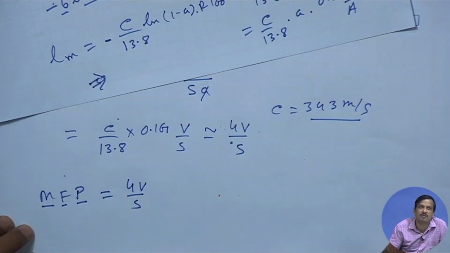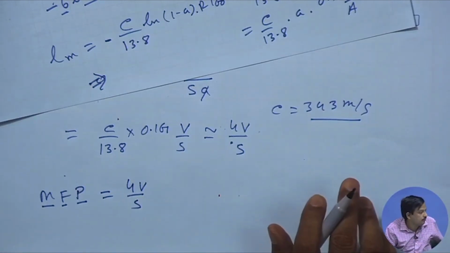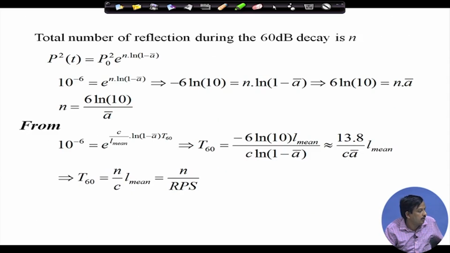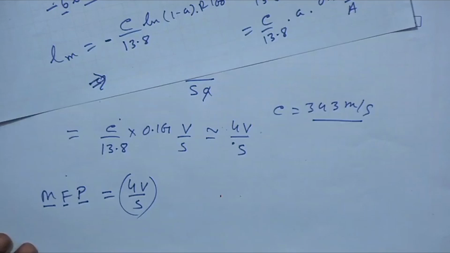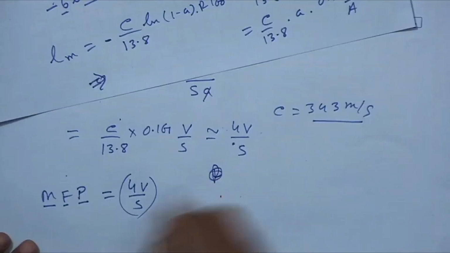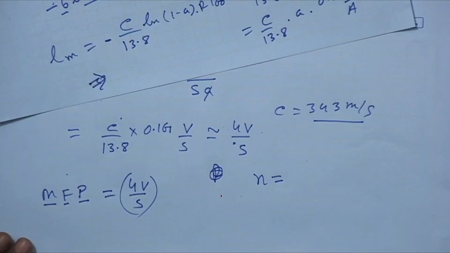Is it clear or not? Now, if I ask how many reflections will be present in 1 second, the number of reflections per second n is the speed divided by the mean free path, which is the average path.